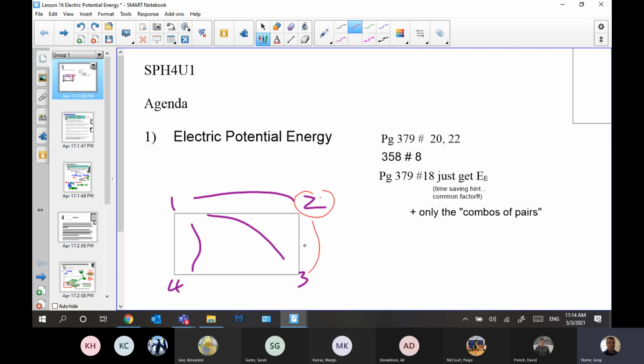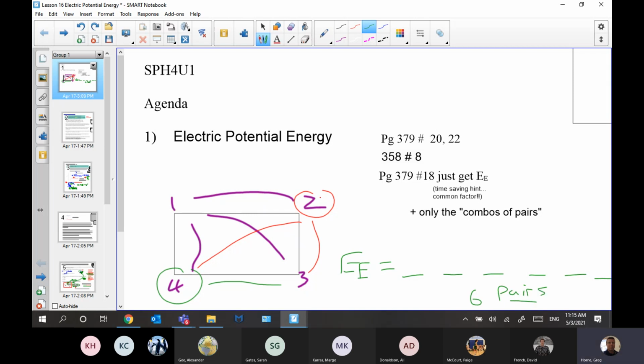So now you just have to talk about 2 and 3 and 2 and 4, right? And then when you go to here, finally, you're like, oh, I already got the 4 and 2 combo and the 4 and 1 combo. All I have to talk about is the 4 and 3 combo. So there ends up being 1, 2, 3, 4, 5, 6 pairs. So you've got the total energy equals 6 of them.